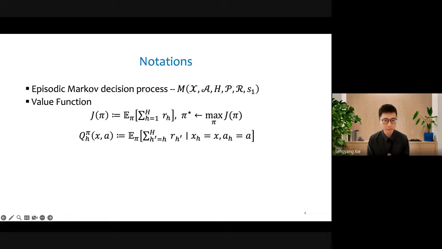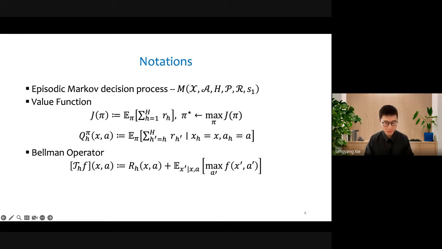I will also use value functions in this talk, where J of pi is the cumulative return of running policy pi, so pi star is the optimal policy that has the max J of pi. Q_h^pi is the Q function at time step h, which means: starting from state x and action a at time step h, we run policy pi. What is the expected return of that?